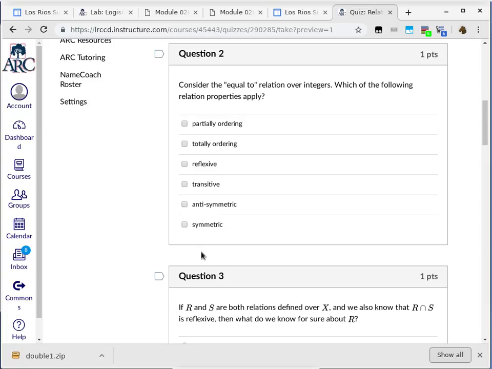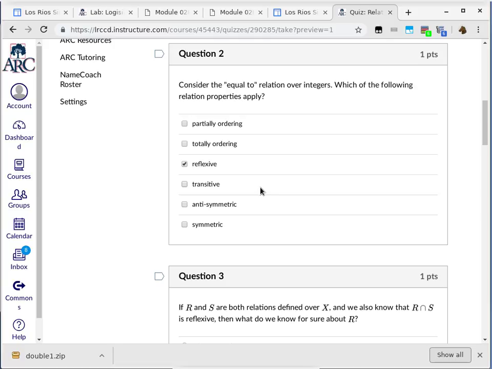So we'll deal with reflexive. If you pick any integer from the set of all integers, does that integer equal itself? Does it relate to itself? All right, so check reflexive. Is it transitive? Now, it sounds kind of odd, right? Is equality transitive?